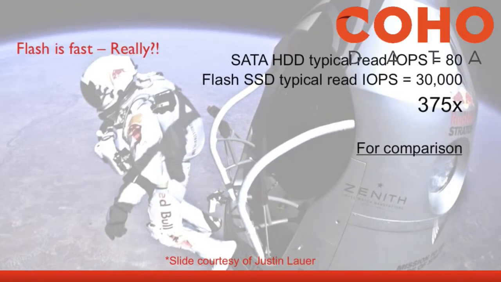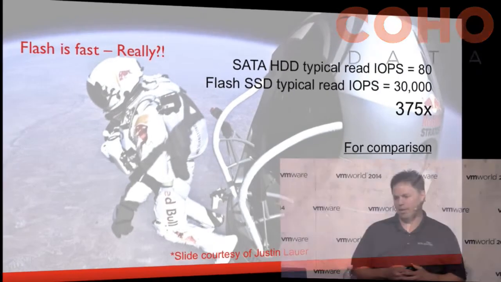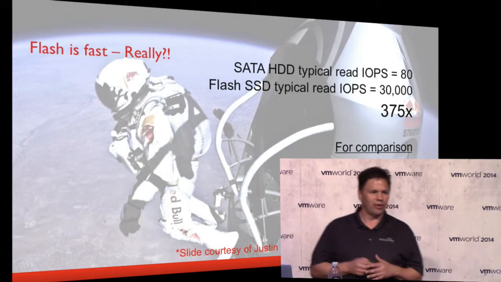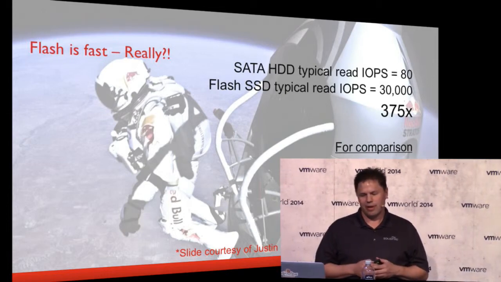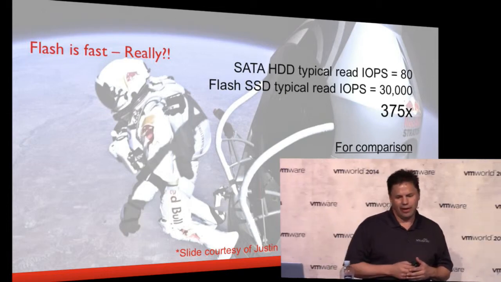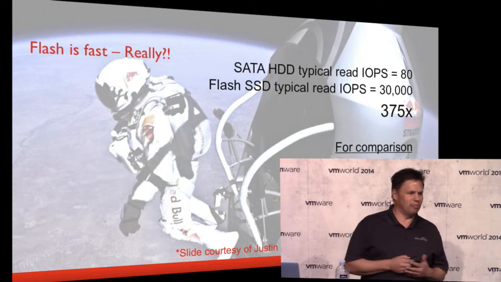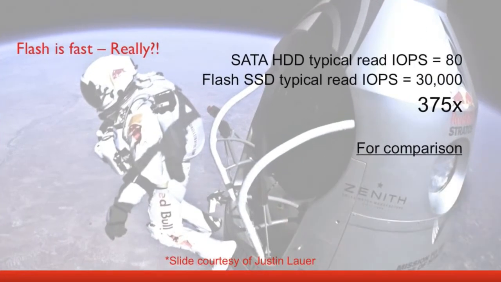For comparison, we've got this guy here, Justin Baumgartner, the guy from the Red Bull video who took a balloon up to the outer edges of our atmosphere and did the highest skydive ever. He went so fast that he actually broke the sound barrier, and so that's fast. Free falling is fast enough.